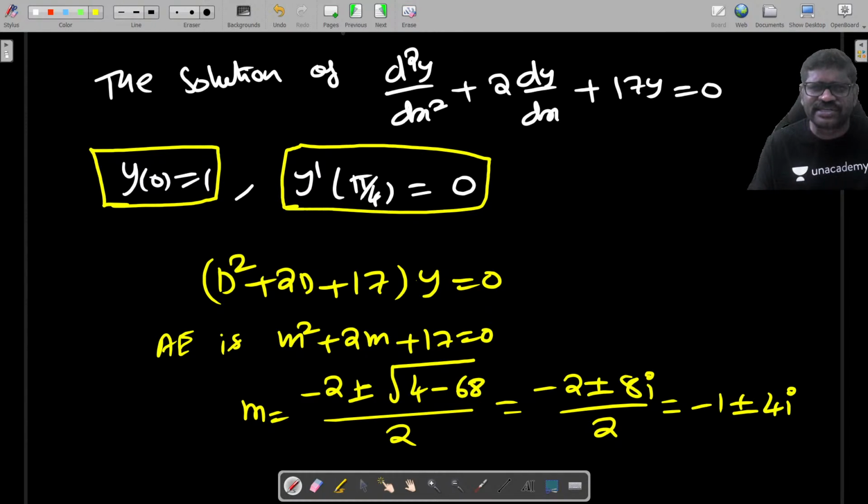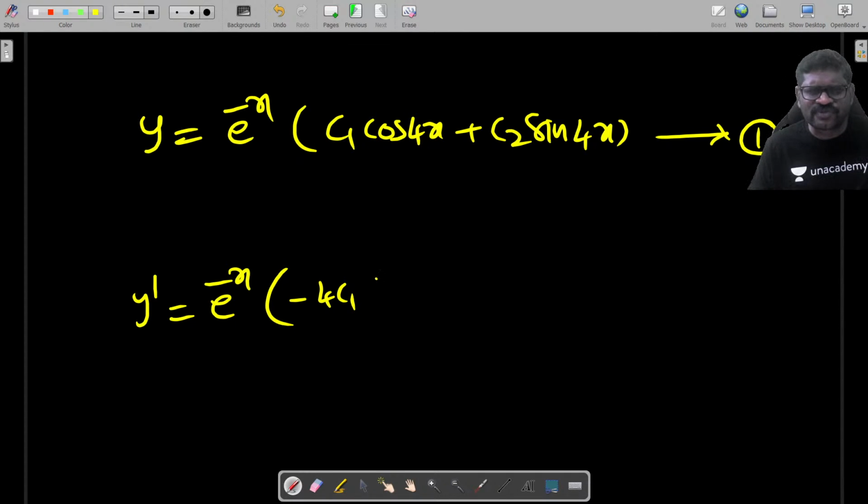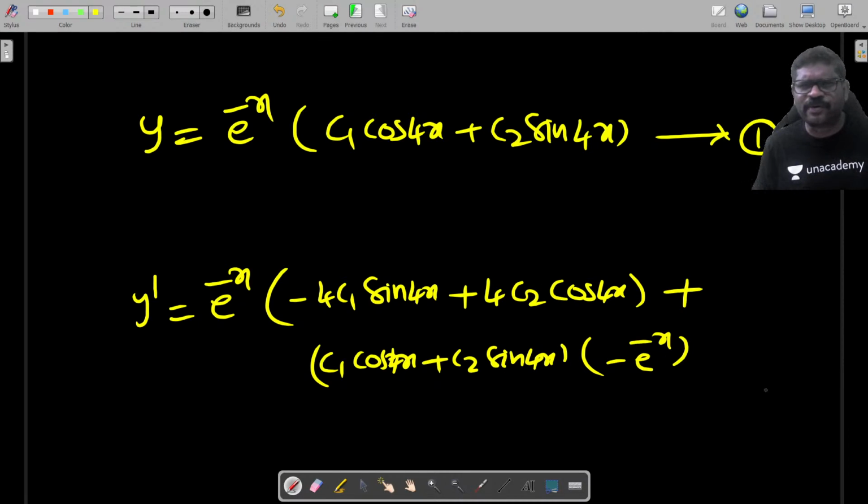That's why you require y dash, that's why I am differentiating. y dash equal to e power minus x of minus 4c1 sin 4x plus 4c2 cos 4x, plus c1 cos 4x plus c2 sin 4x into minus e power minus x. Call it equation 2.